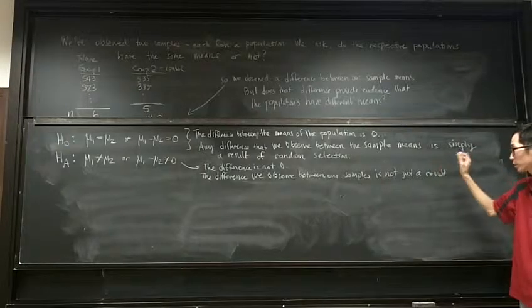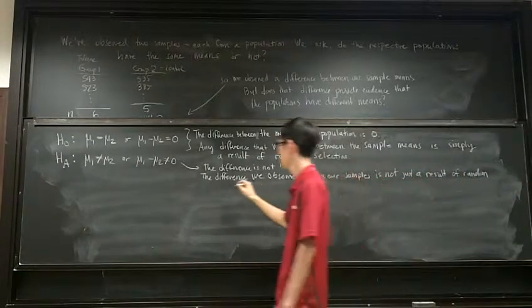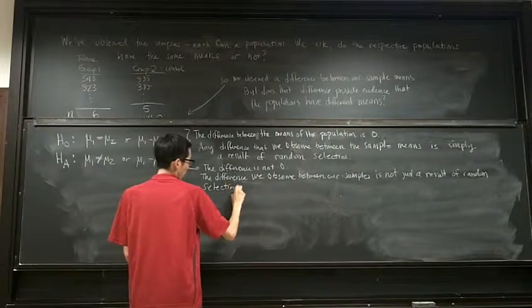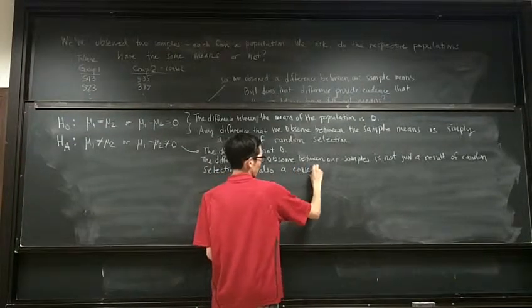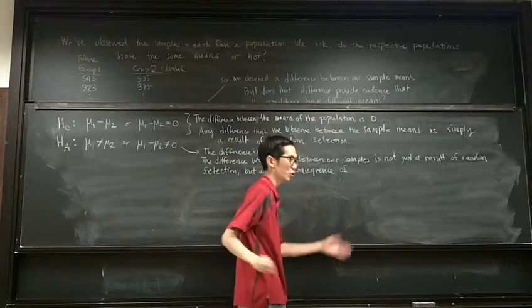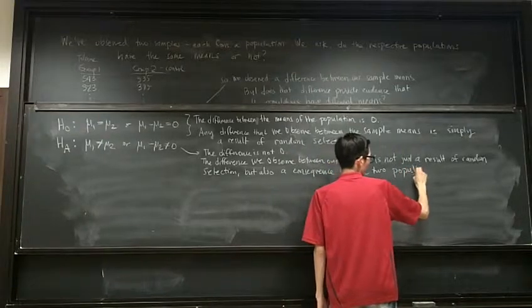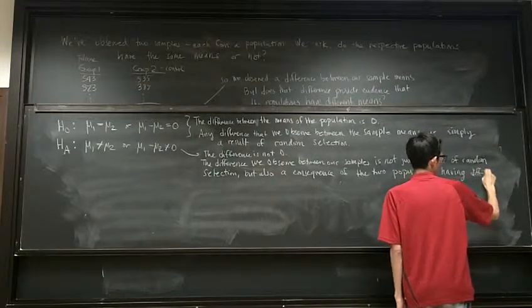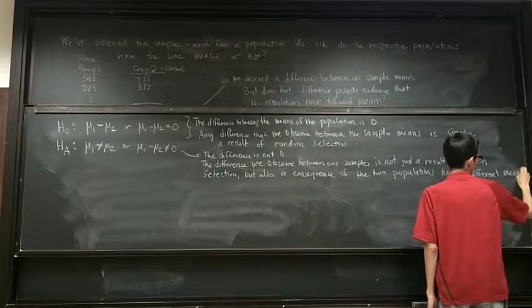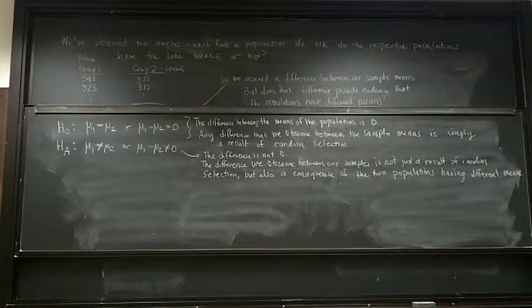So the difference we observe is not just a result of random selection, but also a consequence of the two populations having different means. Alright, is this okay?